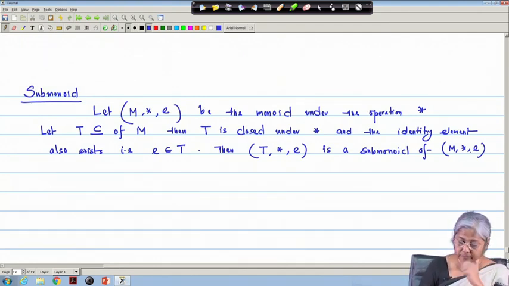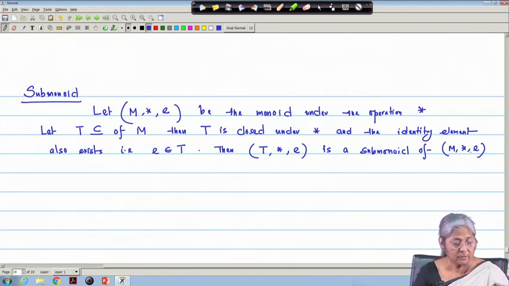Now, we can take an example of a submonoid.